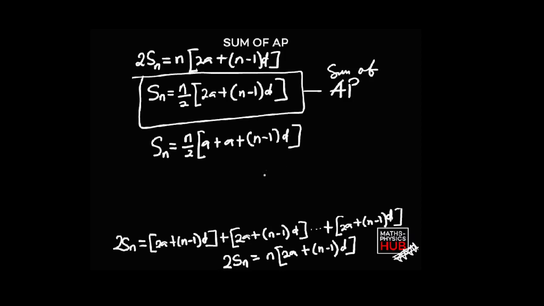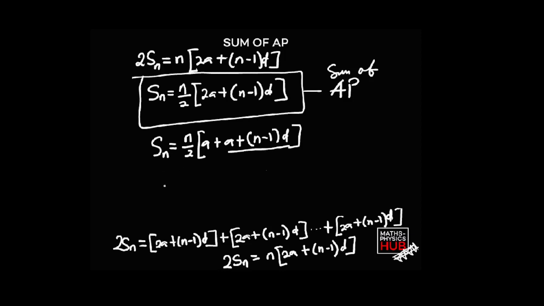Do you all agree with me? Yes, sir. Now, if you look at this, you will see that a plus into bracket n minus 1 d is the nth term of an AP. A plus n minus 1 times d, Abi.